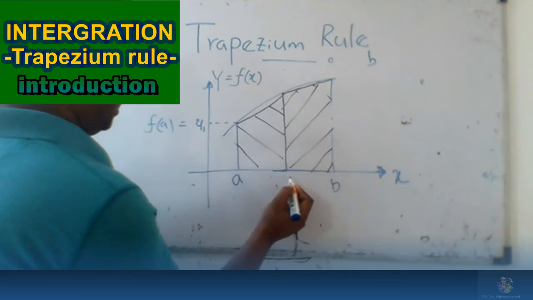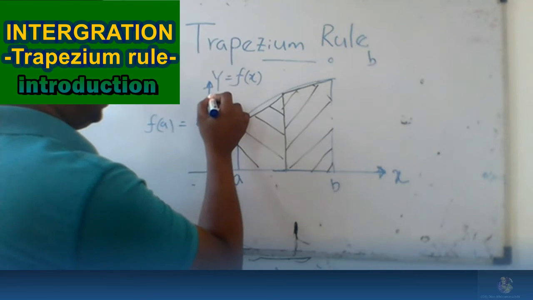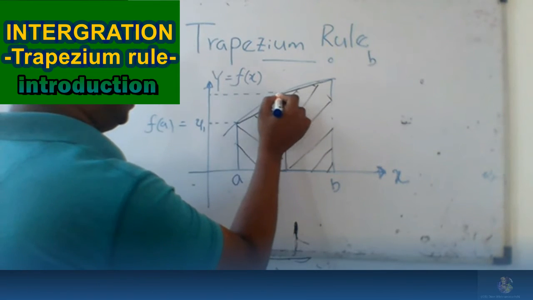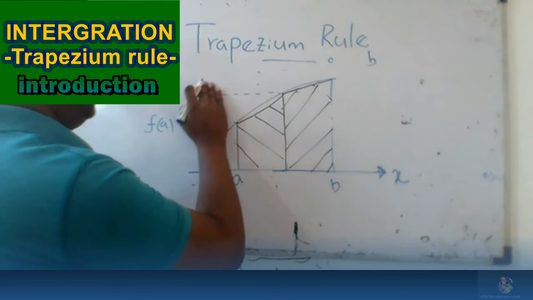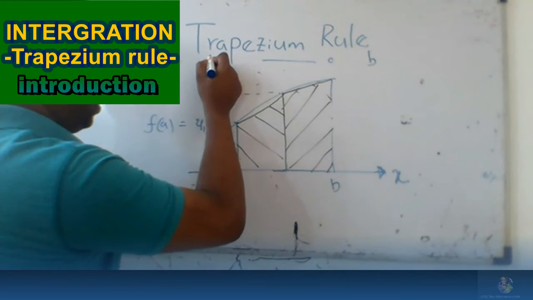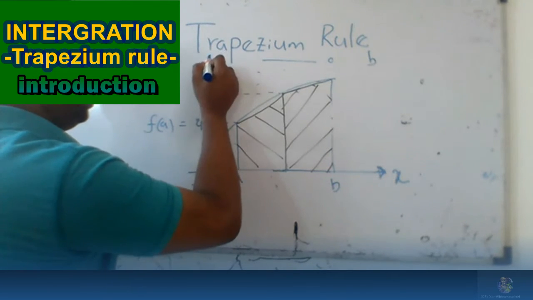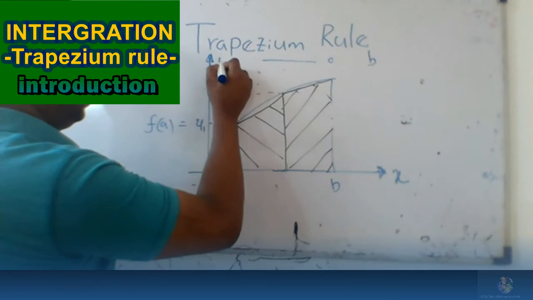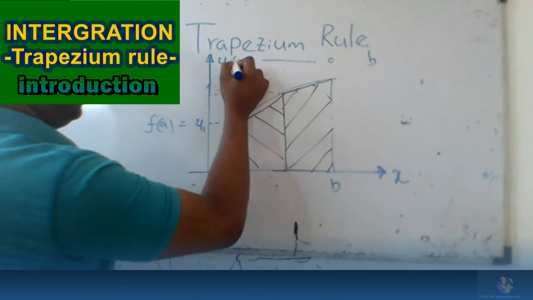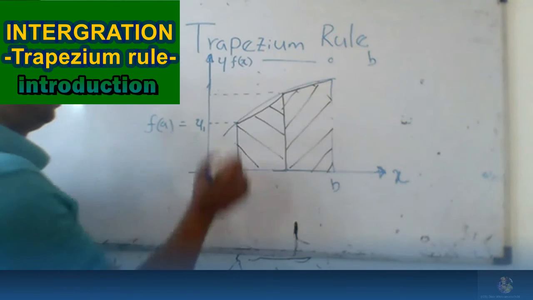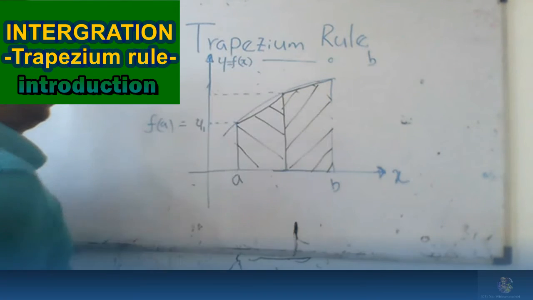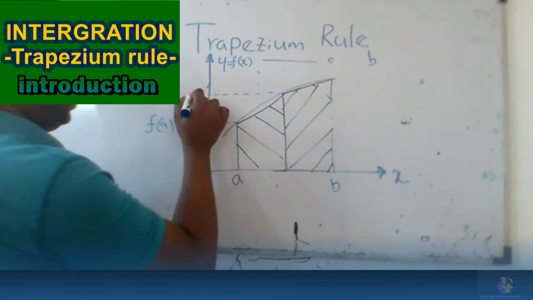I will draw it more clearly. Then this is y2.